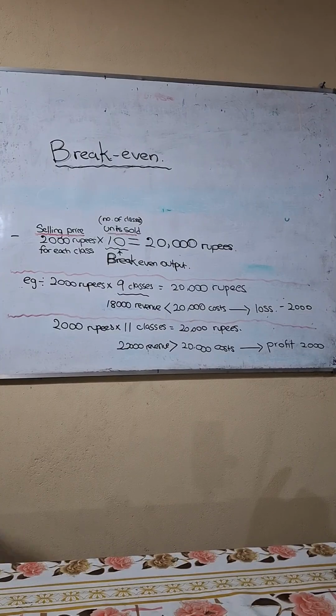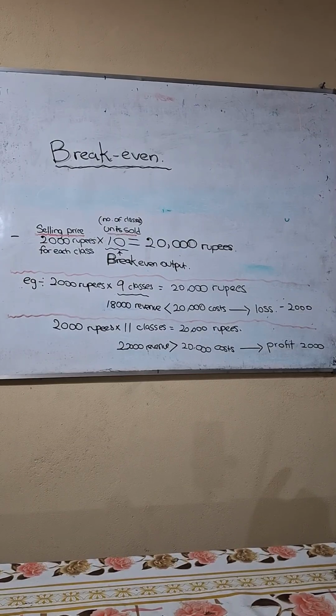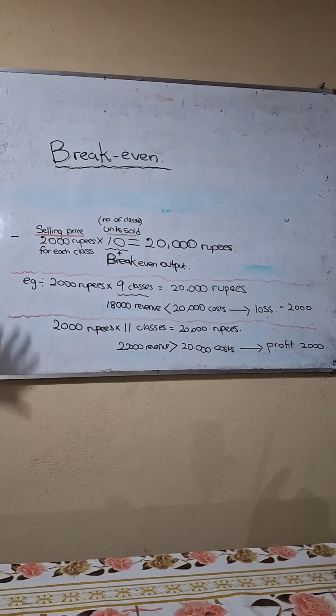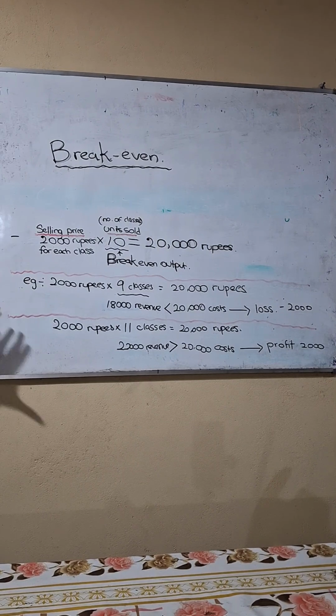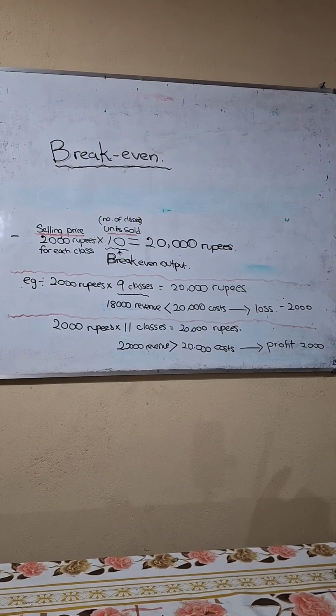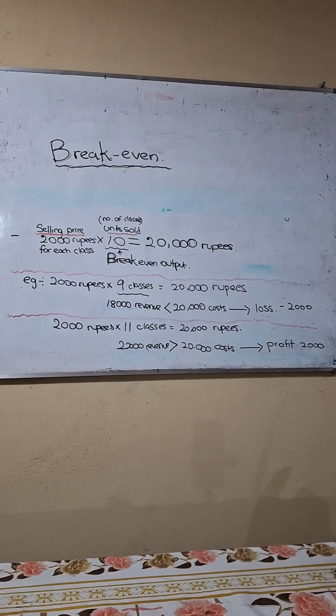Now just imagine if I have not 9 classes but 11 classes. 10 is my break-even level of output, but instead of 10, I have 1 extra class, so now I have 11 classes. If I conduct 11 classes, I will make a revenue of 22,000, because for each class I charge 2,000 rupees. So I will make an income each month of 22,000, and I have bills to pay which will cost me around 20,000.